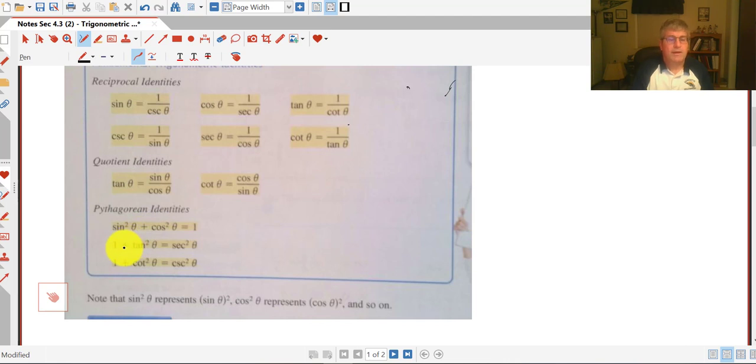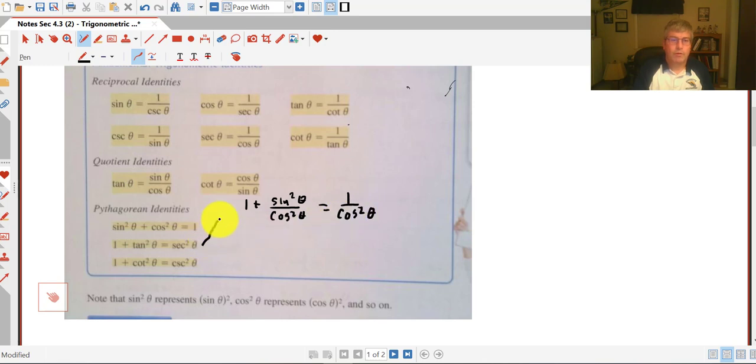Another Pythagorean identity, 1 plus the tangent squared of theta equals the secant squared of theta. And we can prove that by doing a little simple rewriting. 1 plus tangent squared, and we know tangent squared is sine squared over cosine squared theta, equals secant squared theta, and the secant squared theta is the same as 1 over the cosine squared theta.